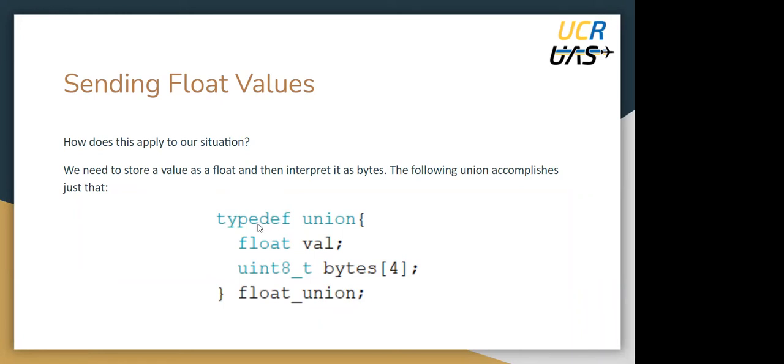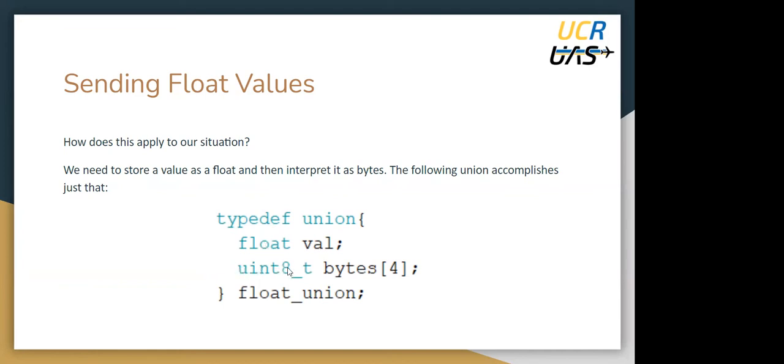So the two options we have for interpreting the data in this union is as a float using the name val, where a float is stored as using 4 bytes, which basically taken together give the floating point representation of the number.